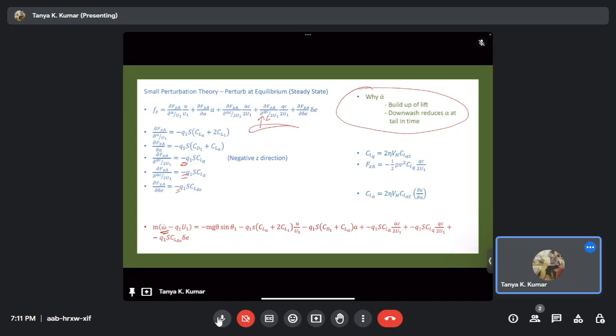Another reason for alpha dot is the downwash. Can someone tell me what downwash is? We discussed this extensively when we had discussed this slide initially.